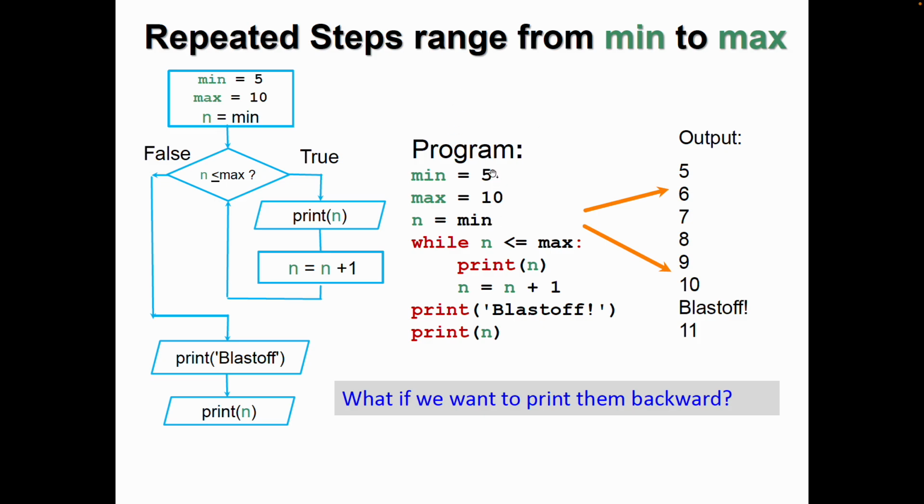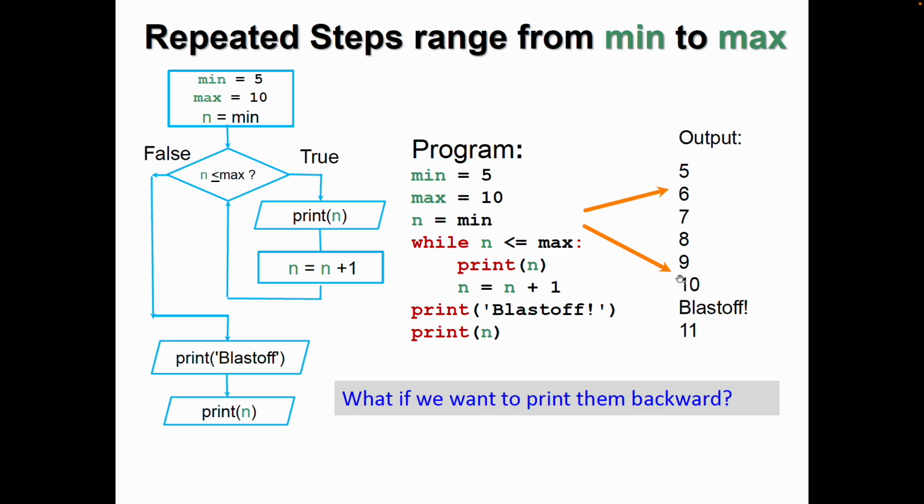Let's see. Okay, 5, 10, and then we set n to 5. And then we check, okay, 5 is less than or equal to 10. Yes, it is true. So I should run those. I will print 5, increment by 1, 6. 6 is less than 10, so I rerun it again. Print 6, increment it to 7. 7 is less than or equal to 10, so I will rerun it. 8, so 9, it is also true.